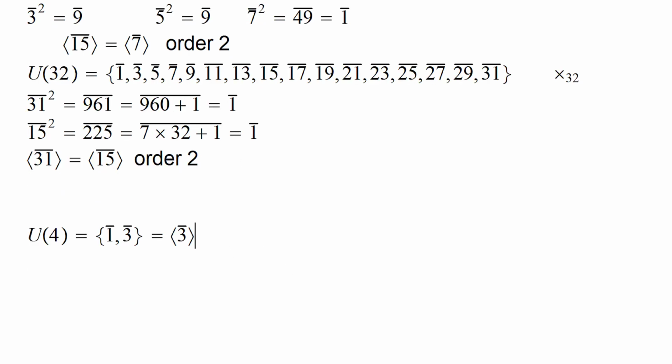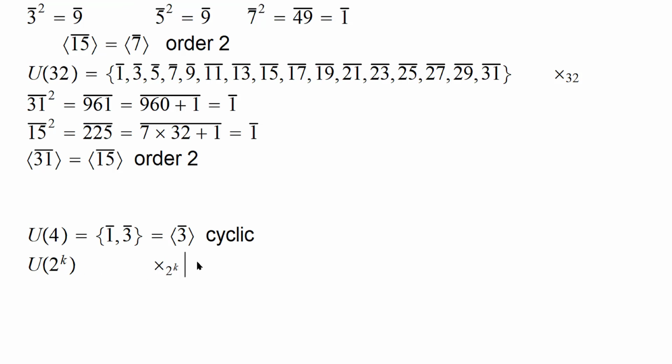So this is cyclic, but we just inductively saw that if I took the unitary group of 2 to the power k, where our operation is multiplication modulo 2 to the power k, let's see how nicely this writes. It's not too bad.